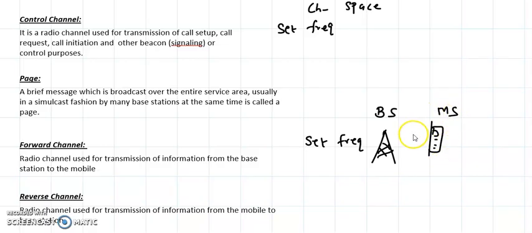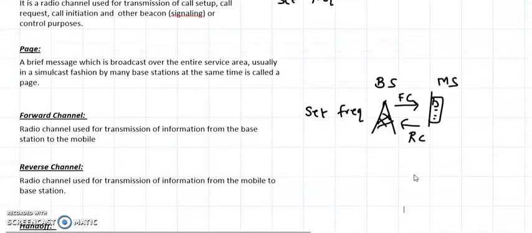And my information that is getting transmitted from the base station to the mobile station, this way is called forward channel. So what is reverse channel? Radio channel or a set of frequencies which are used for transmission of information from mobile station to the base station. This is called reverse channel and this is called forward channel. So it is very simple.